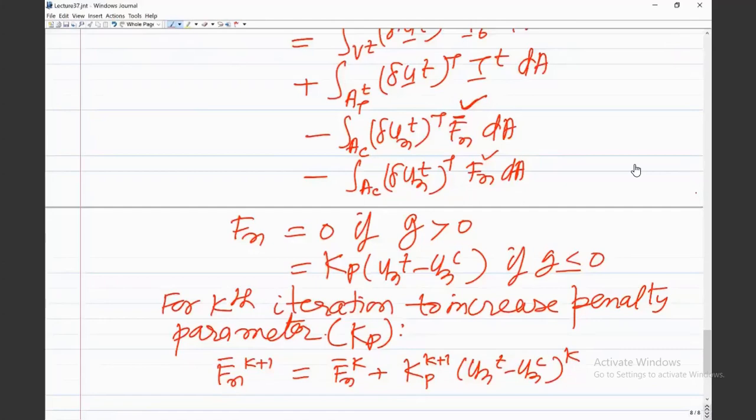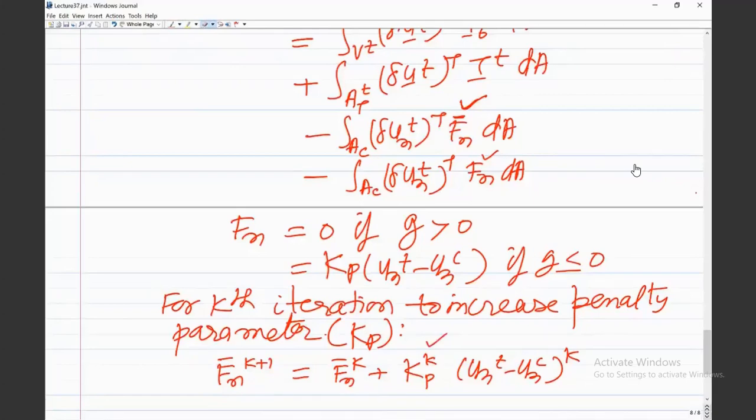Of course, there are two sets of iteration. It doesn't really make much difference, so here you can just have Kp at k, so that the whole thing is at the kth iteration, although you can use Kp at k plus 1 as well.